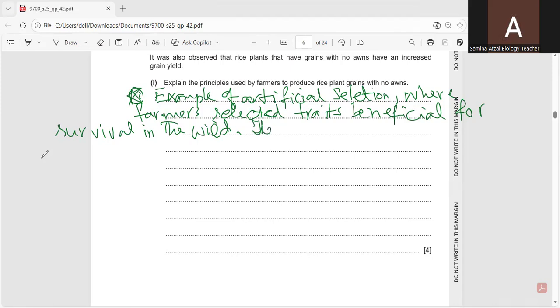The loss of awns provided a selective advantage.